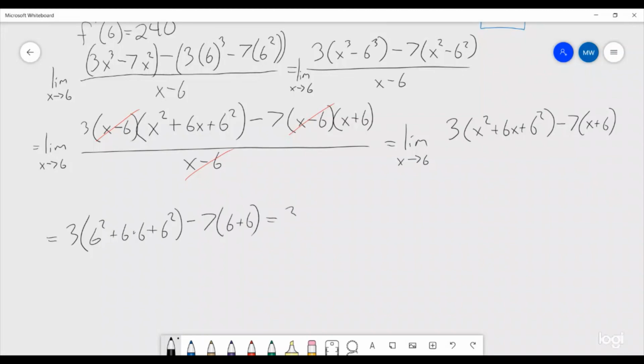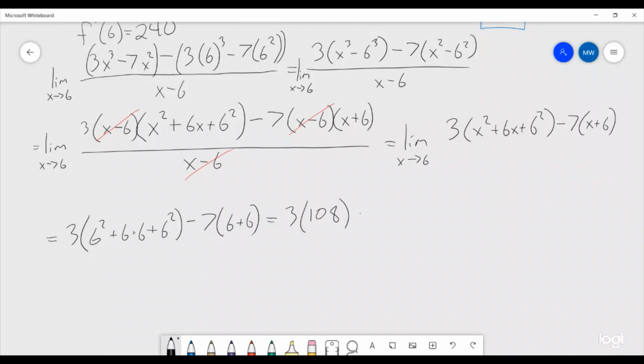So this is 3 times 3 36s, so that's 108. 36 plus 36 is 72, plus 36 is 108.